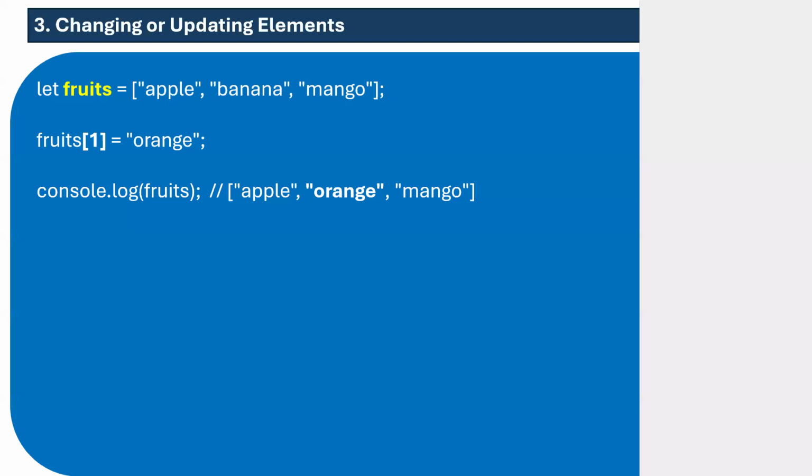Guys, I started preparing the slides just to make things a little faster. I hope this is not causing any conflict or confusion to you. I hope these slides are clear to everyone. Guys, can I get some thumbs up, please? Because I thought banana would be deleted from the array, but it's replaced. Okay.